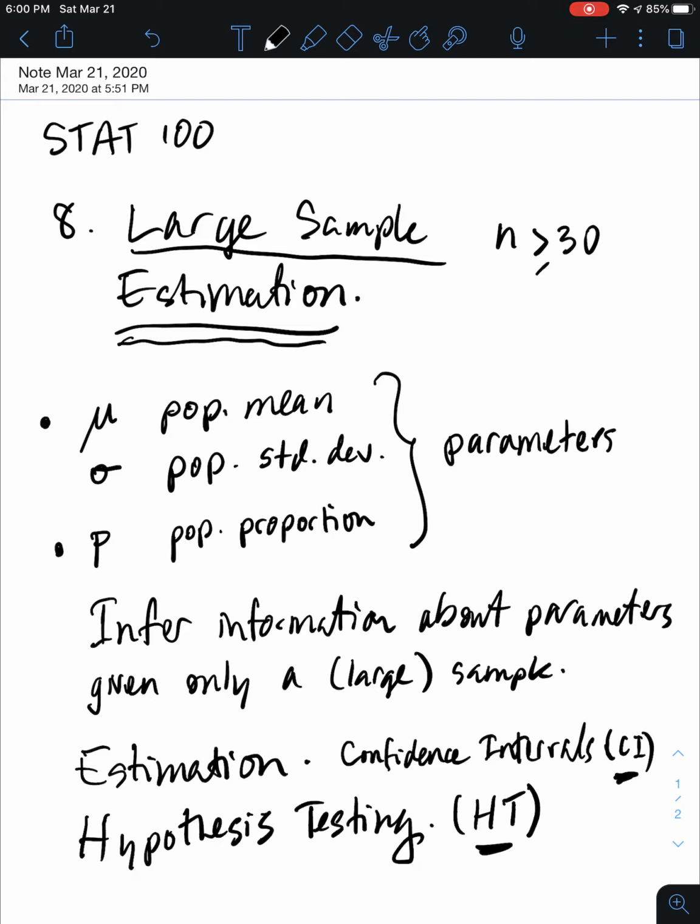All right, so for this chapter, we're just going to concentrate mainly on estimation. So there is a little more vocabulary that we need to pick up with this.